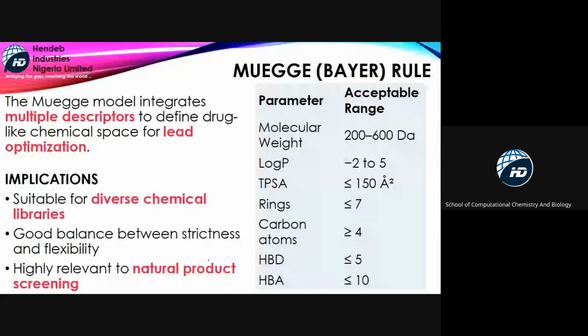And then the last one, which is the Muegge rule. I noticed that the Muegge rule has a lot of parameters that make up the model. But what is it talking about?